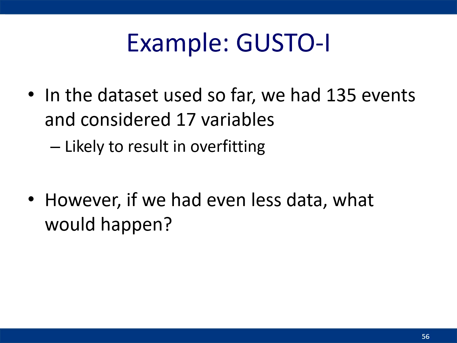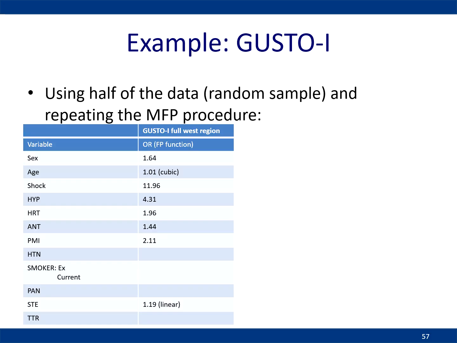So what would happen if we had even less data? So if I was to now take a smaller sample, so just a random sample of half of that data, so we would expect about 75 events to occur, and we had to repeat that MFP process. So in the full data, remember this was our model and we had a cubic function for age.